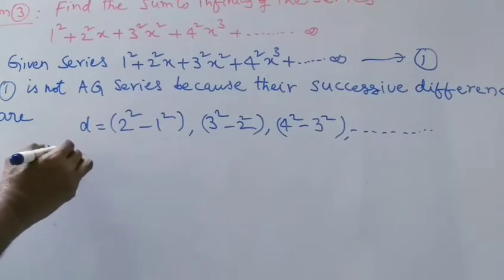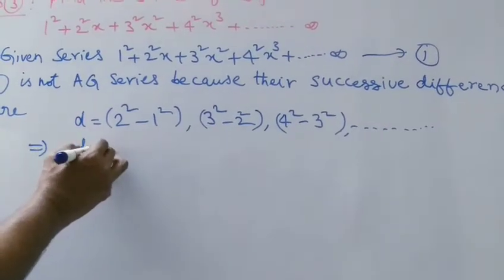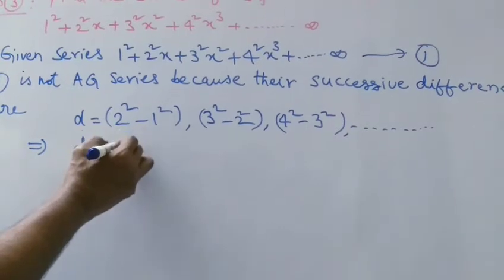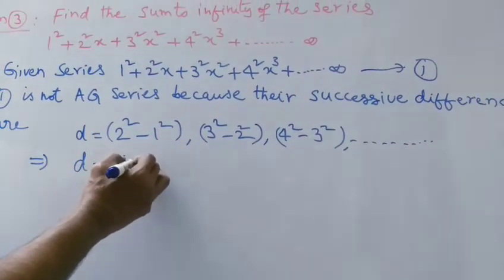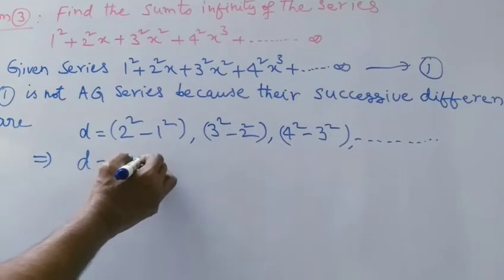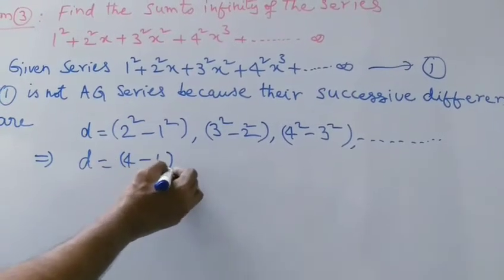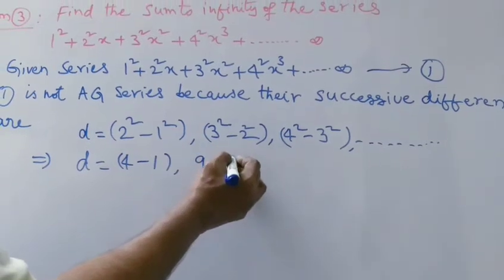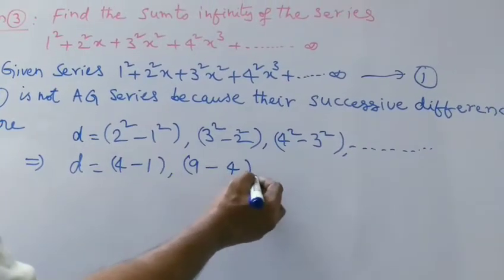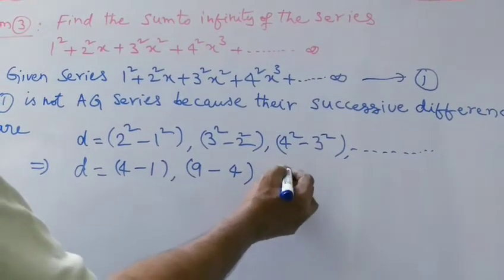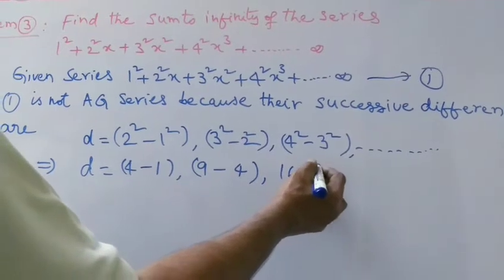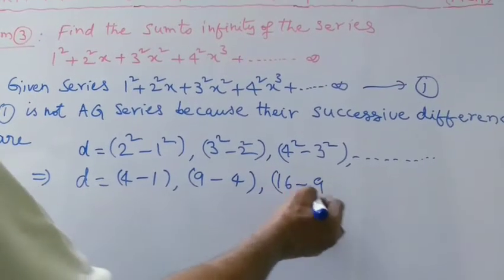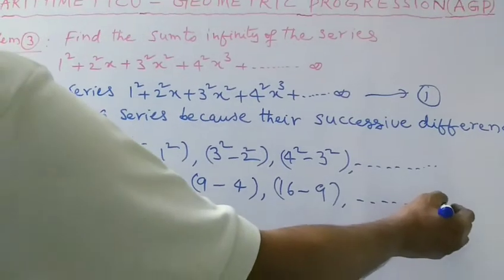This implies d is equal to 2 square becomes 4, 1 square becomes 1, 4 minus 1; 3 square becomes 9, 2 square becomes 4, 9 minus 4; 4 square becomes 16, 3 square becomes 9, and so on terms are there.